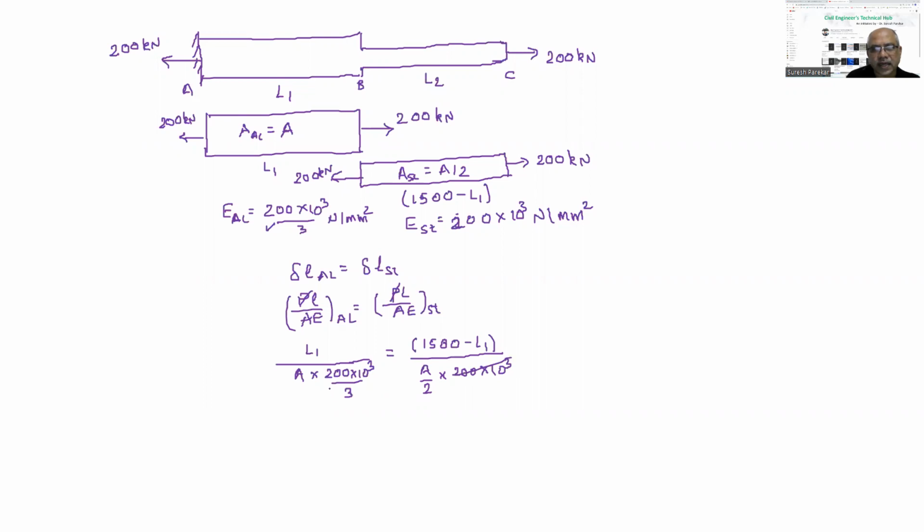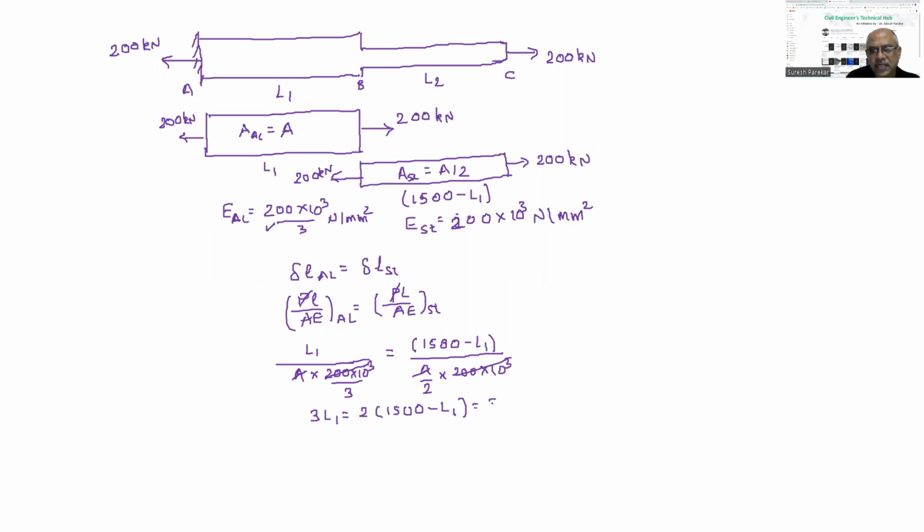The 200 into 10 raised to 3 gets cancelled, and A gets cancelled, and we get 3L1 equal to 2 into 1500 minus L1.